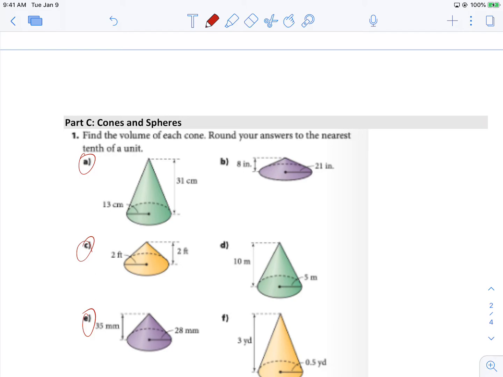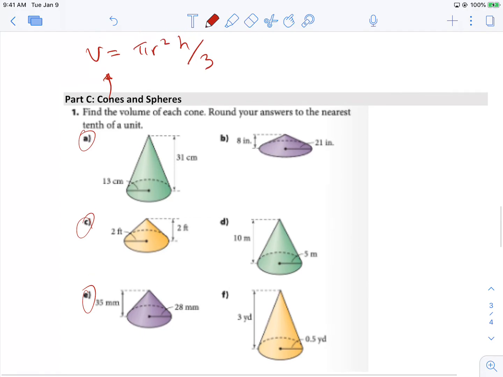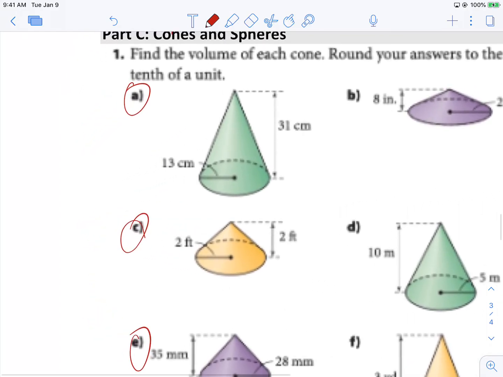All right, for our cones, we have a formula here. Our formula is pi r squared times height divided by 3. So let's go ahead and do that. We have volume equals pi and then r squared, so 13 squared times our height, which is 31, divided by 3.